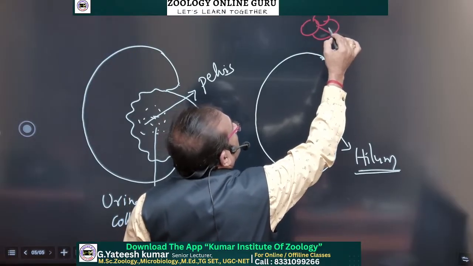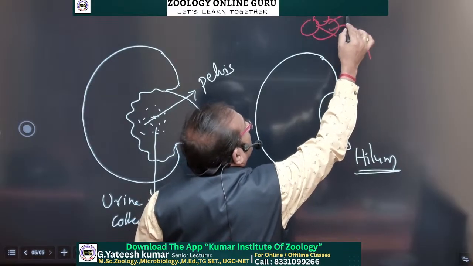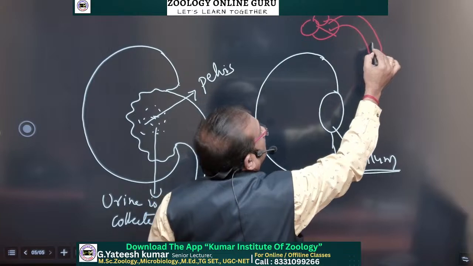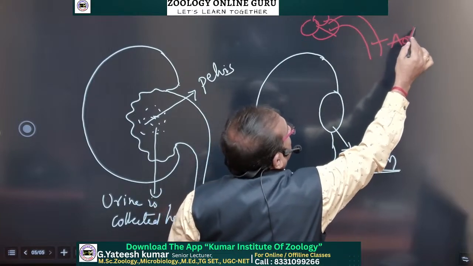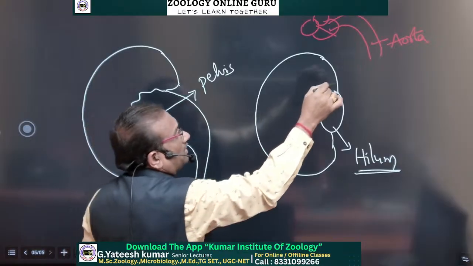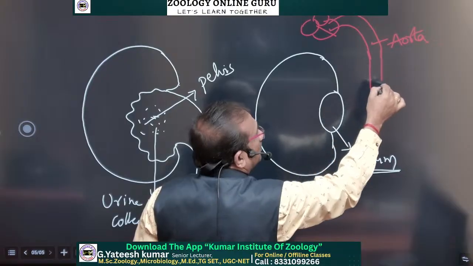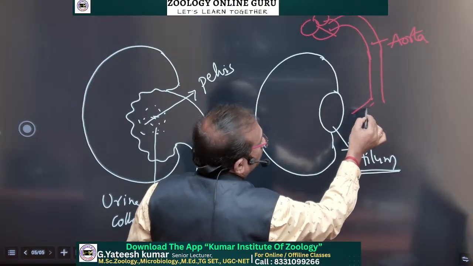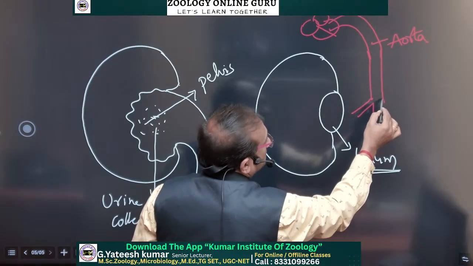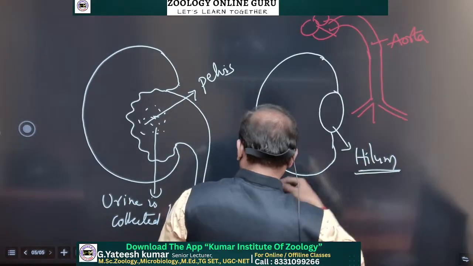From the heart, from the left ventricle, the systemic aorta comes here, and when it reaches the kidney area, it divides into two branches. This is known as the renal artery.